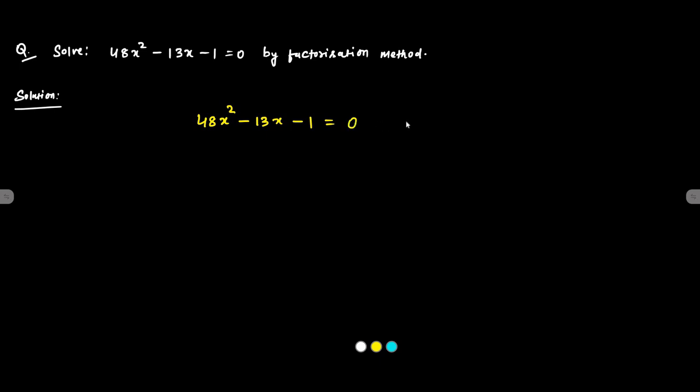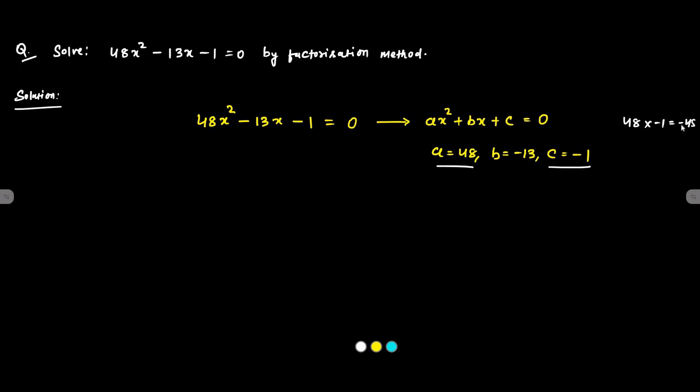Comparing it with the standard format, ax square plus bx plus c is equal to 0, we have the product of the two extreme terms. a is equal to 48 here, b is equal to minus 13, c is equal to minus 1. The product of the two extreme terms is 48 into minus 1, that is equal to minus 48, and we have to split this middle term such that the product of the two resultant split terms is also equal to minus 48.